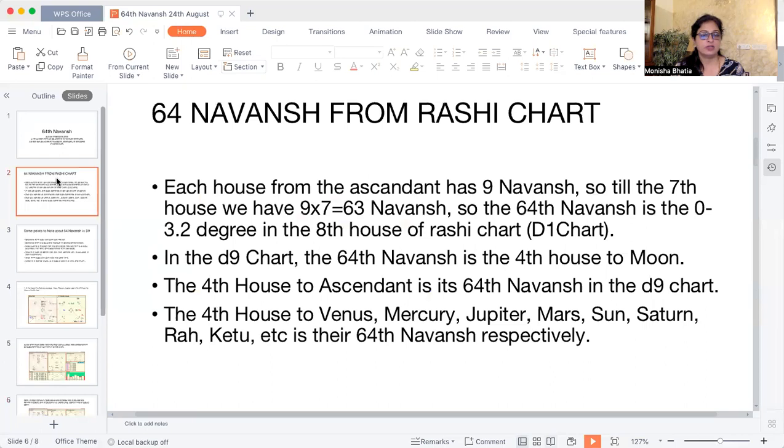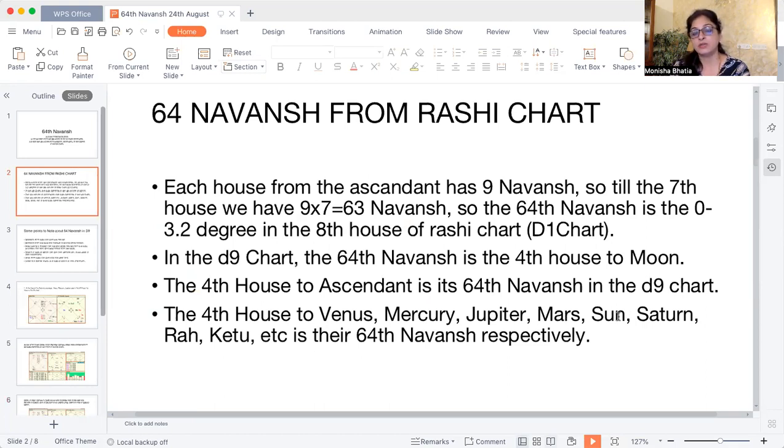So the 64th Navamsha, as I told you, can be calculated and can be seen from any given planet, be it Venus, Mercury, Jupiter, Mars, Sun, Saturn. So for example, if you want to study the prospects of your younger sibling or about land related things, you can consider the 64th Navamsha from Mars.